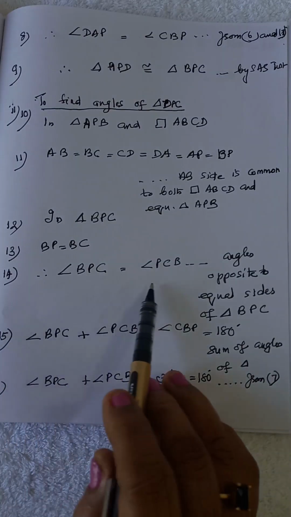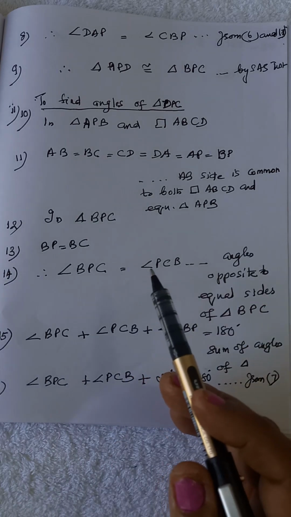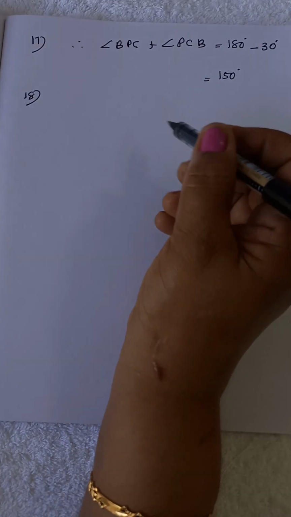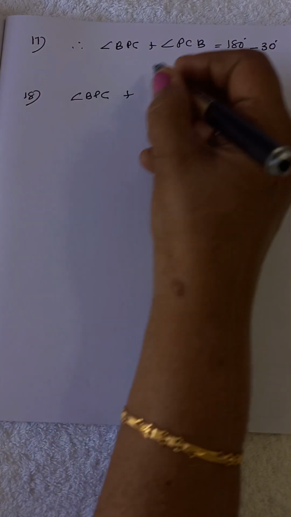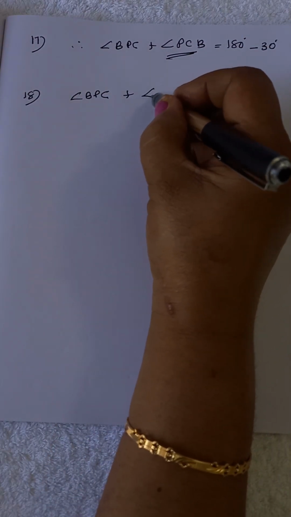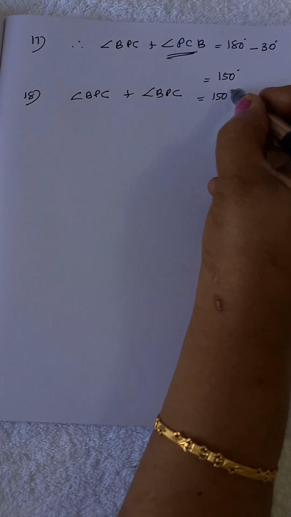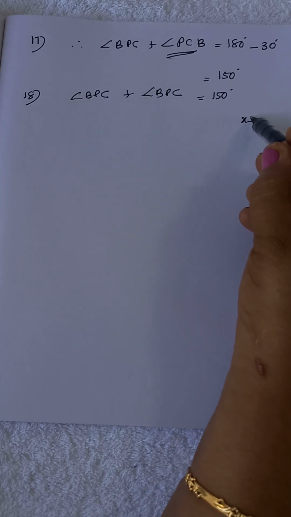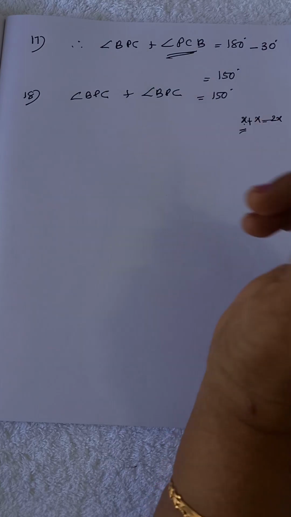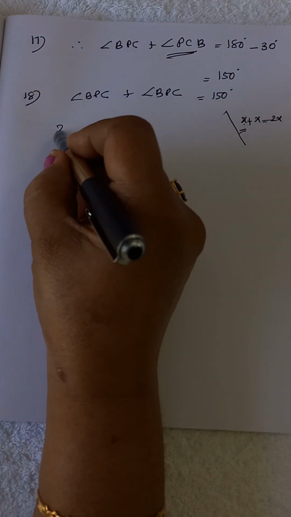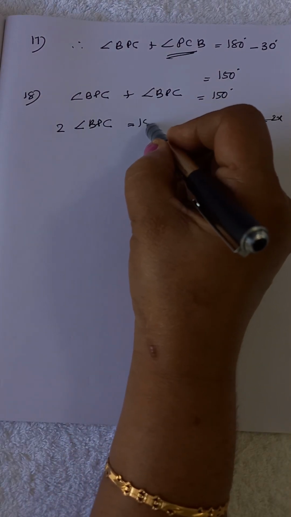We can substitute that there. So this is angle BPC plus angle BPC is equal to 150 degree. So x plus x is 2x. Like that, instead of x we have angle BPC. So we can write 2 into angle BPC is equal to 150 degree.